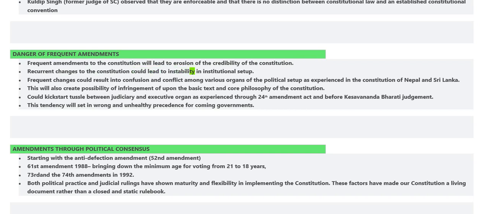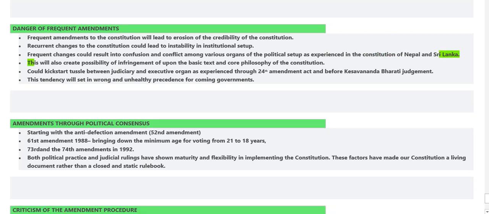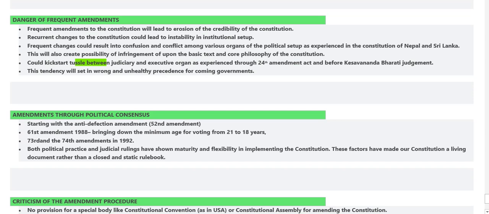Danger of frequent amendments. Frequent amendments to the Constitution will lead to erosion of the credibility of the Constitution. Recurrent changes to the Constitution could lead to instability in institutional setup. Frequent changes could result in confusion and conflict among various organs of the political setup as experienced in the Constitution of Nepal and Sri Lanka.